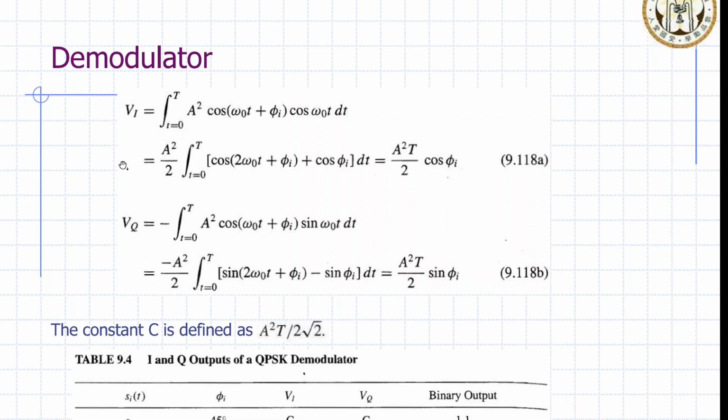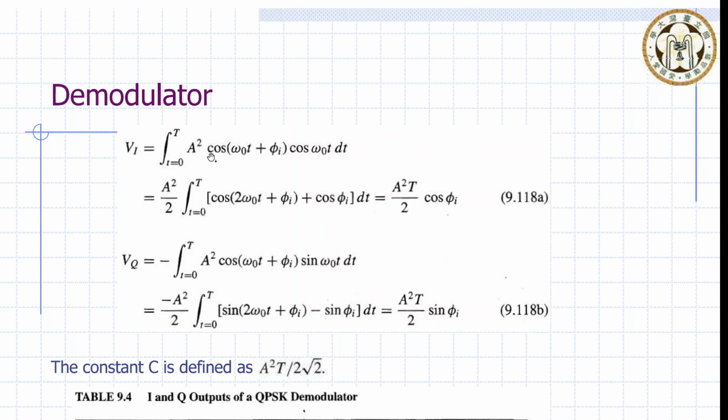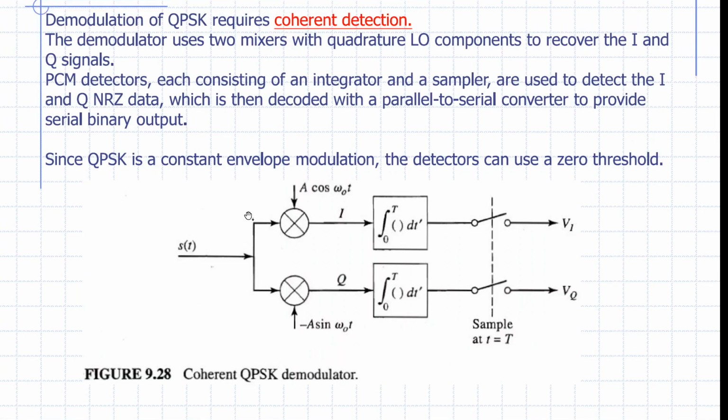V_i is the integral of a cos(omega 0 t plus phi_i) times a cos omega 0 t. So a cos(omega 0 t plus phi_i) is actually our signal, and a cos omega 0 t is the reference.